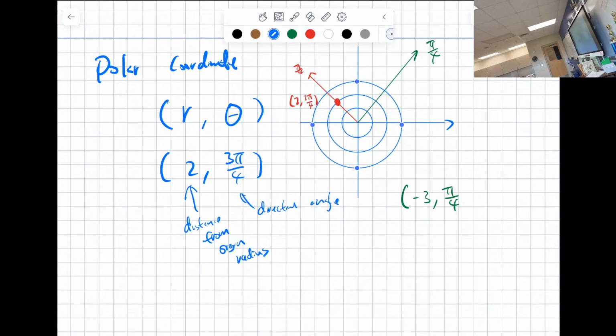The ones that have the same r? Not necessary. r can be negative.